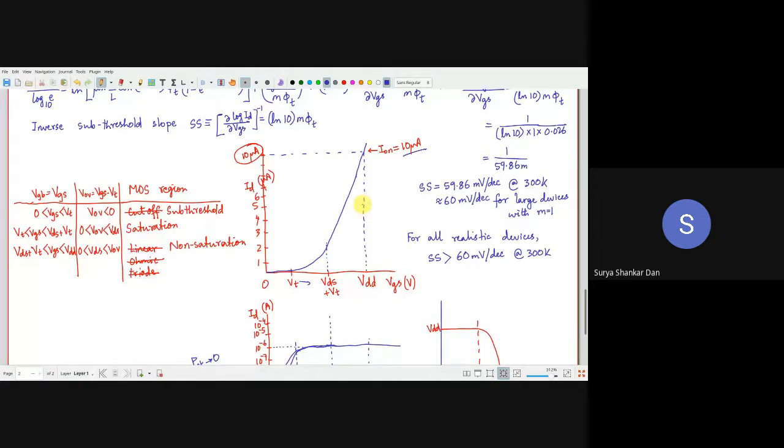Your 64-bit microprocessor means you have to at least drive 64 ICs at the output. We cannot do that. And also, if you are reducing this, your fan out will decrease, and also what will happen is C out upon I out. This is the net charging and discharging delay.